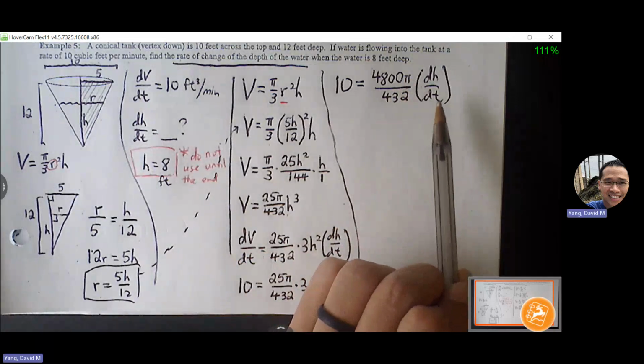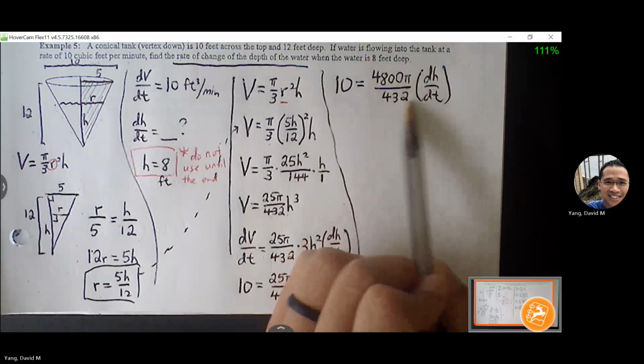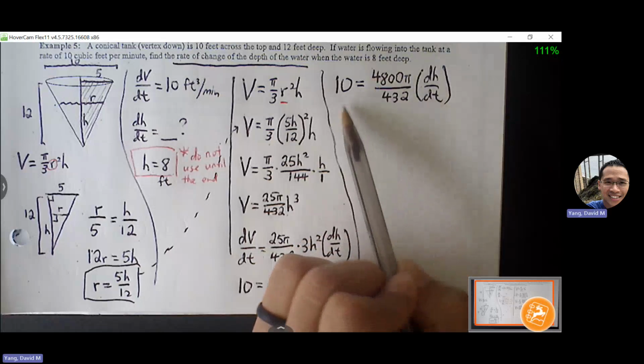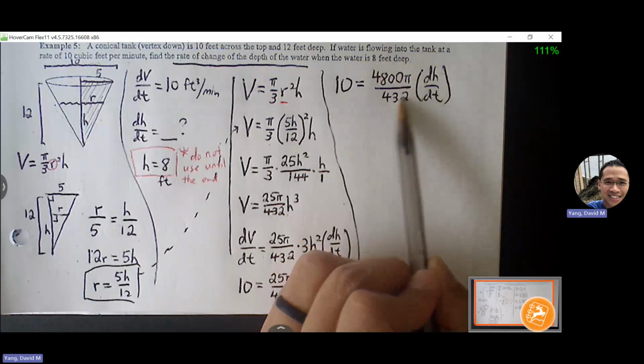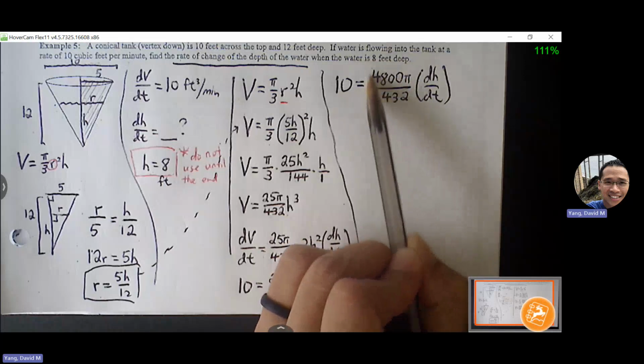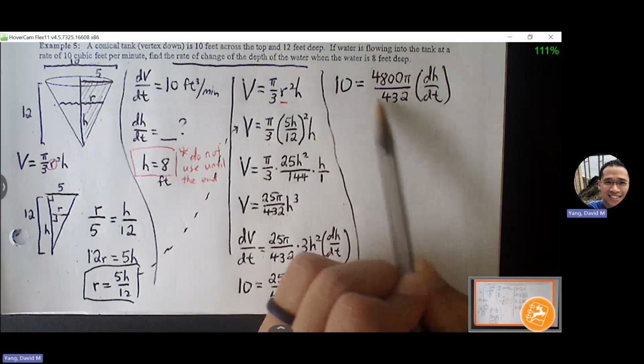Okay, almost there. I want to solve for dh/dt. Normally I would just say divide the fraction over to the other side, but dividing by a fraction feels messy, right? So dividing by a fraction is the same thing as what? Reciprocal, right?